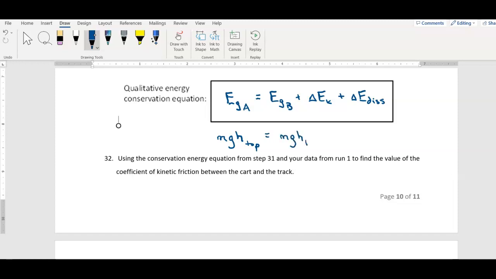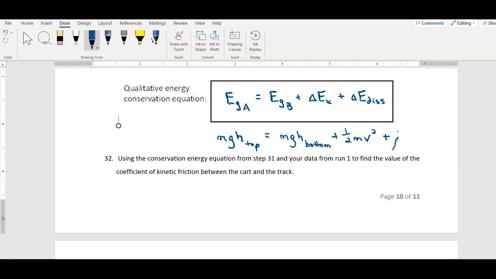This is the height at the bottom of the ramp. The velocity is listed in our table. And the dissipated energy would be the friction force times the path length.